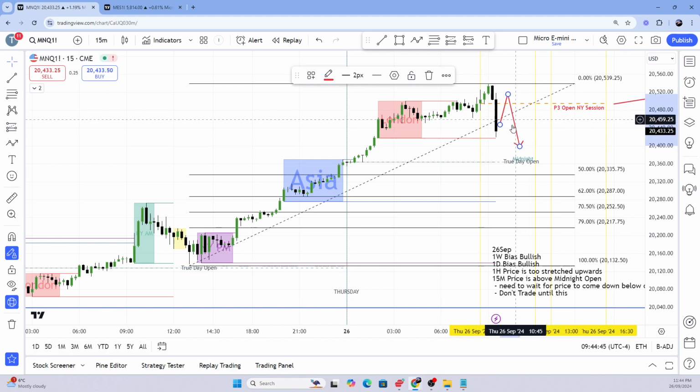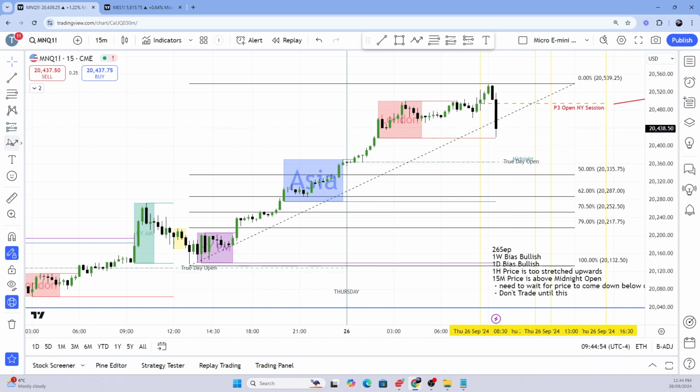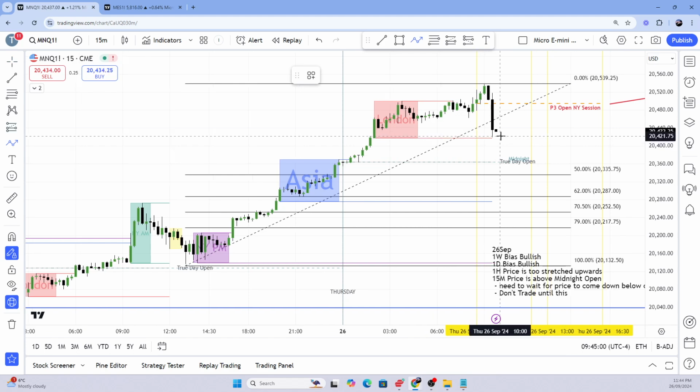In that case, you may not take a bearish entry. What we say is not a 100% guaranteed thing.